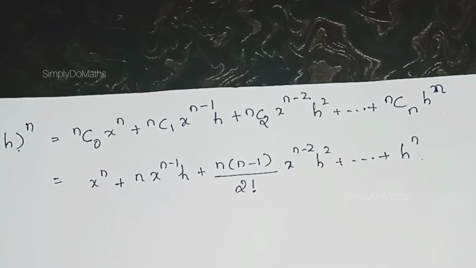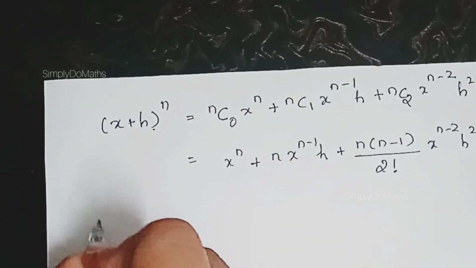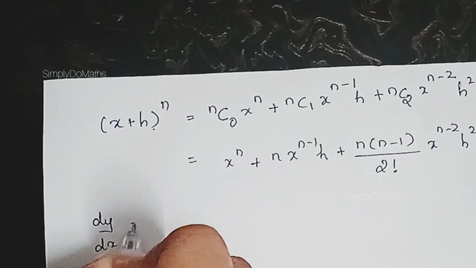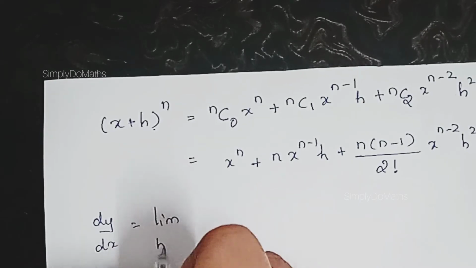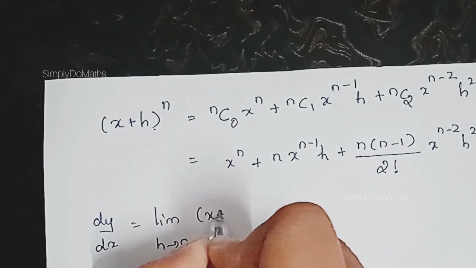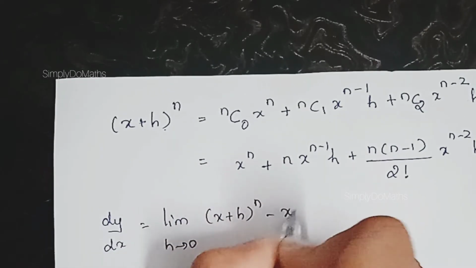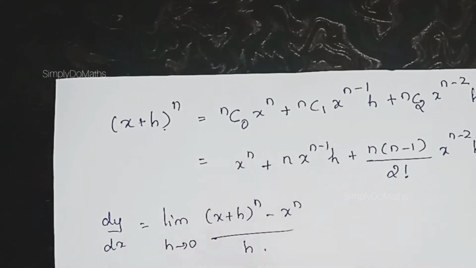Right? So let us use this formula. What we are having, dy by dx is equal to limit as h tending to 0 x plus h whole raised to n minus x raised to n divided by h, right?